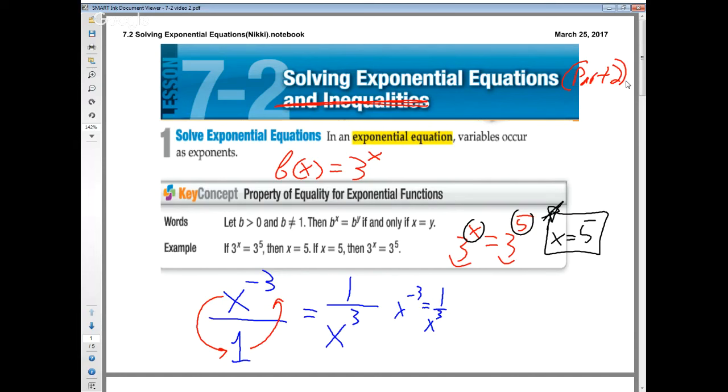It turns out that we could do the reverse as well. If we had 1 over x cubed, we could flip them again so that we would have x to the negative 3. Now some of you are wondering, why would we want to do that? We already have the power positive. Why would we want to make our power negative?